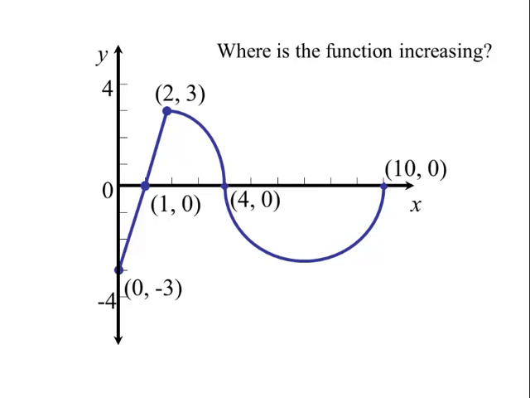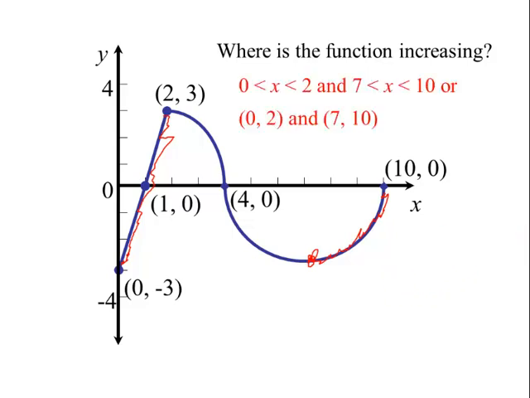Where is this function increasing? This function is increasing or has a positive slope in this region and this region. So there's two parts of the graph, from 0 to 2 and from 7 to 10.